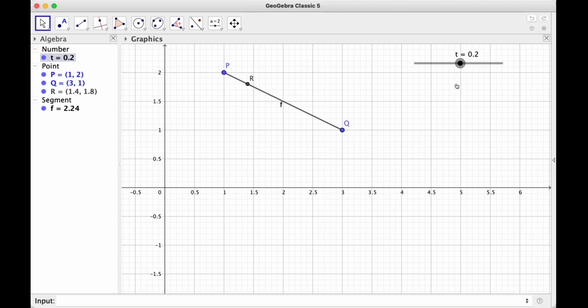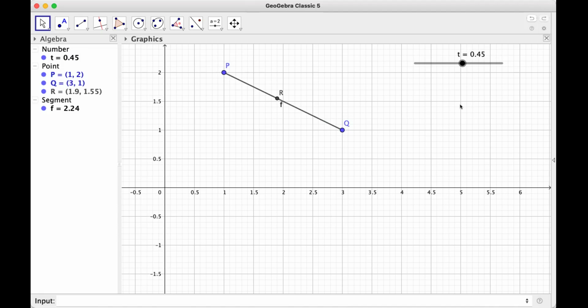If you wanted the entire line, you just let t take any value, or lambda in this case. So if you have 2 points, that is how you describe the line segment between them: (1 minus lambda) times one point plus lambda times the other point. Does that make sense? Questions about that?